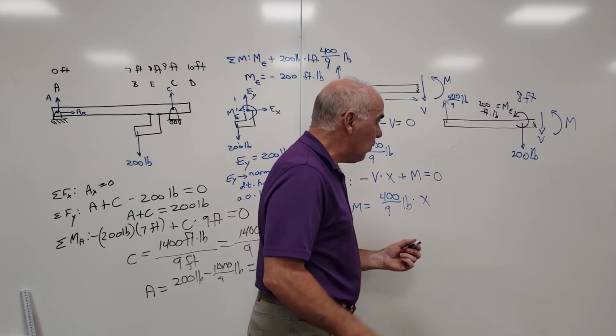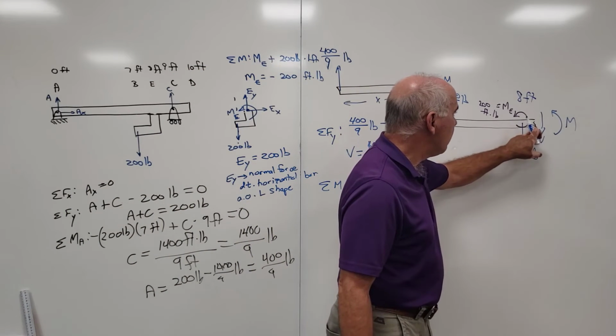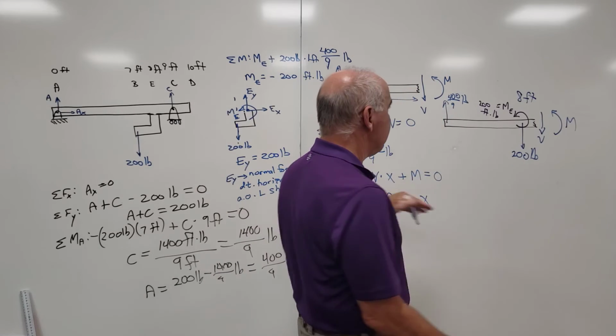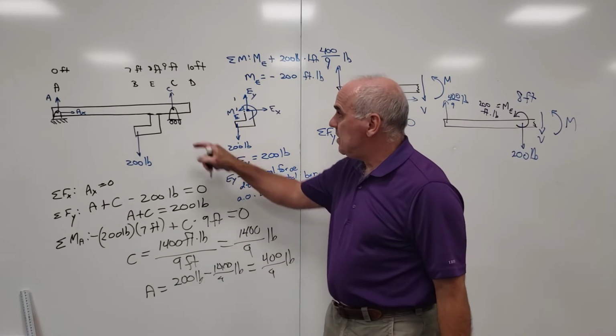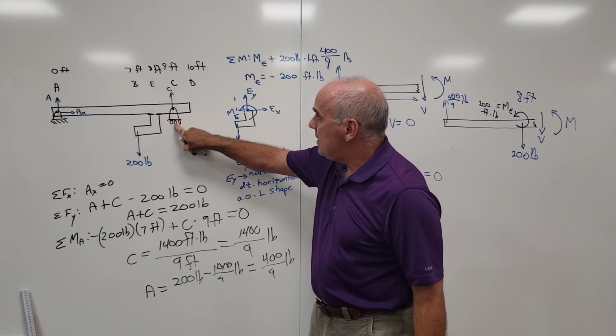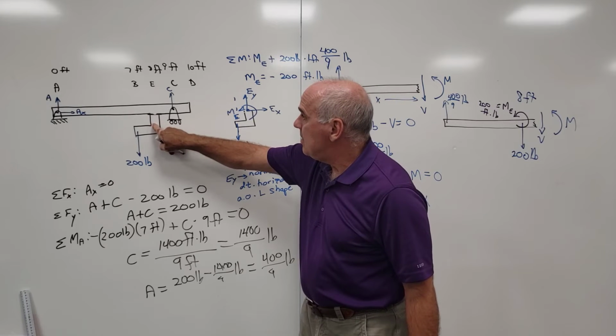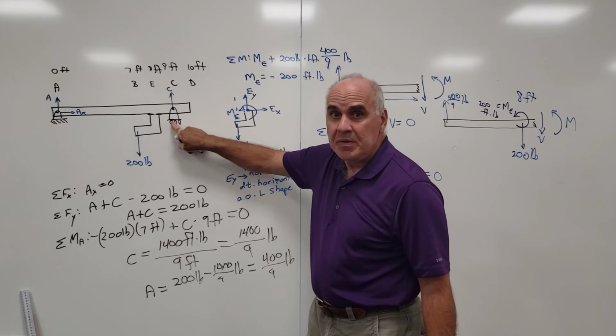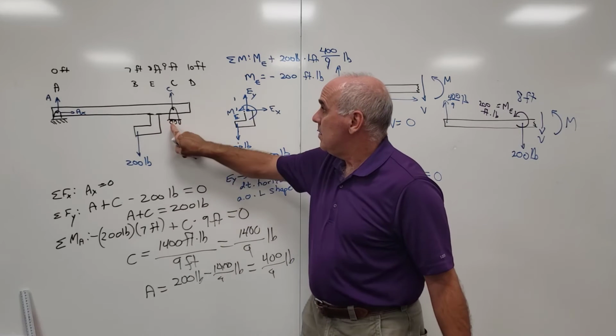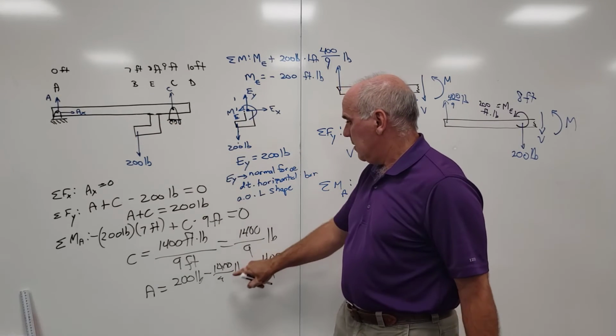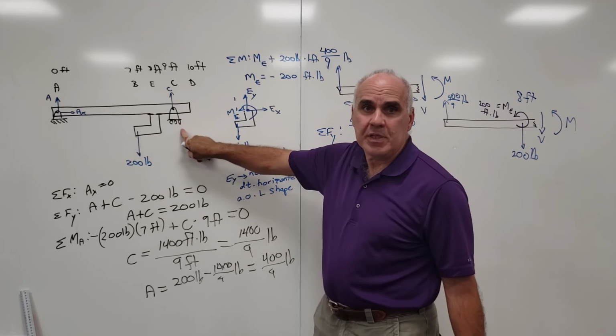And so now I can take a look at what's going on at this location. Now, I'm going to assume that this location is between C and E. So this force at C, the 1,400 over 9 pounds, isn't there yet.